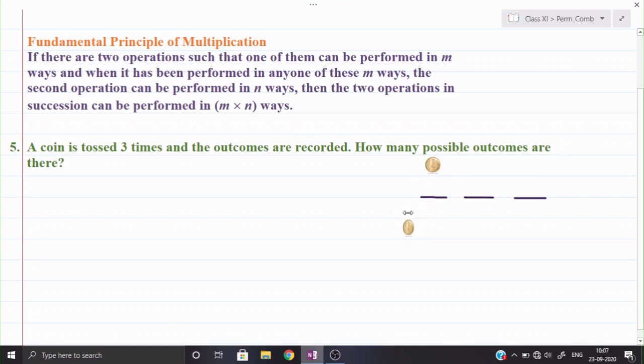So each and every coin has 2 aspects, one is tail and the second one is head. So we can say that this particular place I can arrange in 2 ways, because on this place either head or tail can come, only 2 can come, none of the other things can come here.